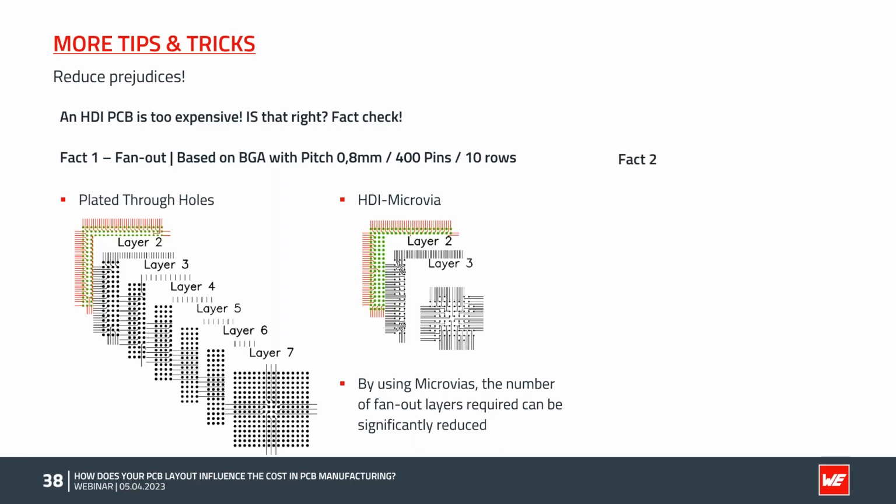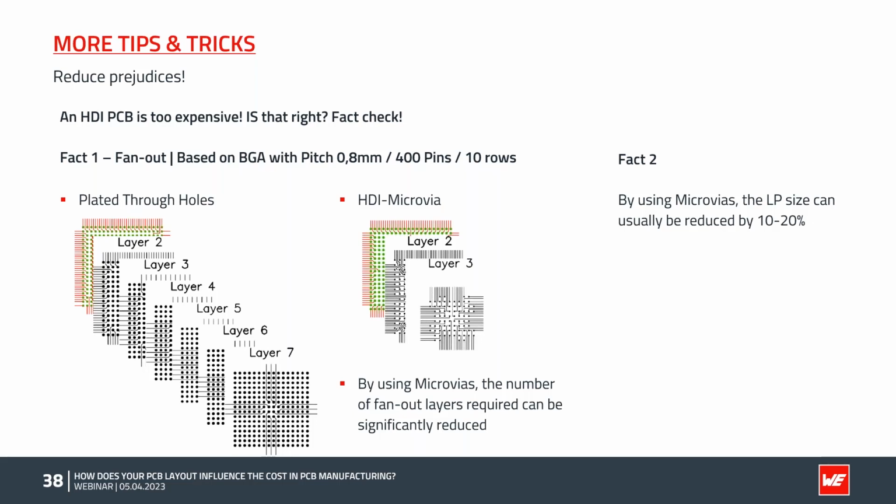Another fact here, by using microvias, we are talking about miniaturization. So the pads for microvias are smaller than the pads for the plated through holes. And by using this technology, we've seen quite a lot that those PCBs can be reduced in size by 10 to 20%, depending on the components and different factors, but you can have a reduction of size.